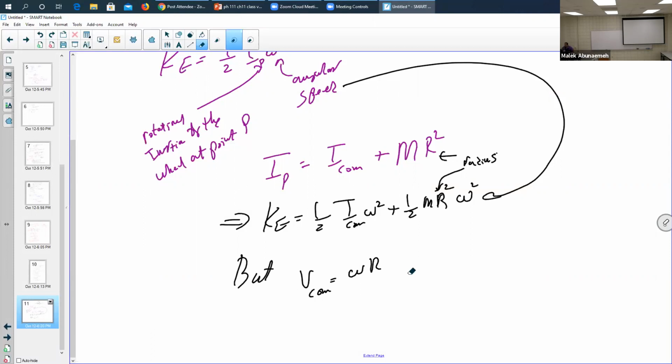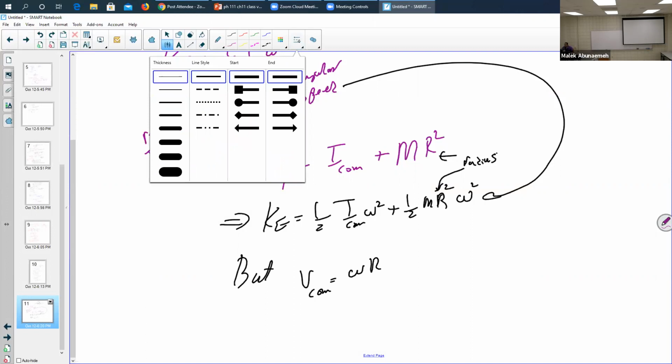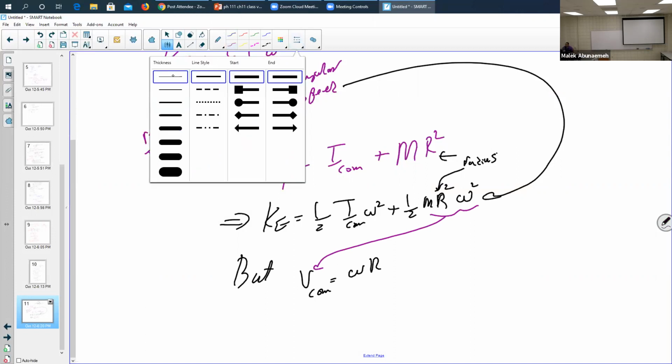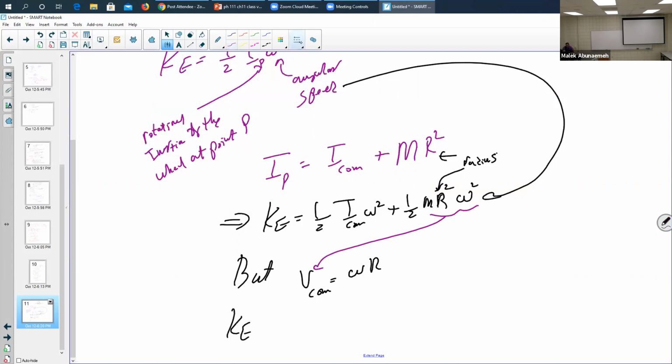So this little fella over here, you can substitute it for this side. So your kinetic energy is going to equal 1/2 I center of mass omega squared plus 1/2 multiplied by your mass and your velocity of the center of mass squared.